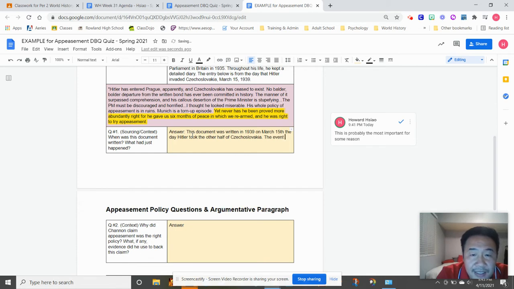The event in which Hitler invaded the country goes against what he just signed in a peace treaty with Great Britain.